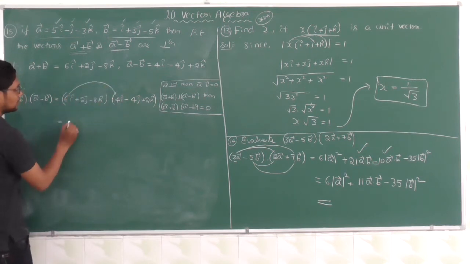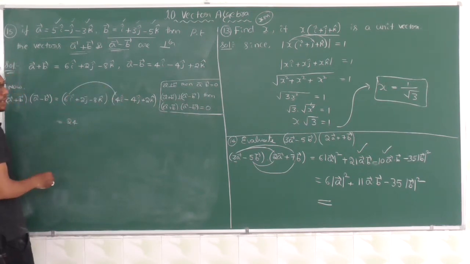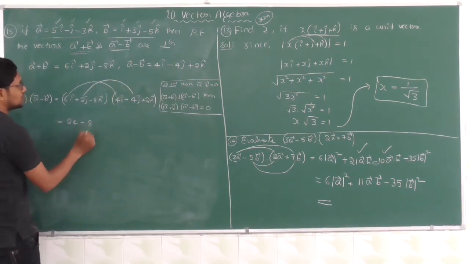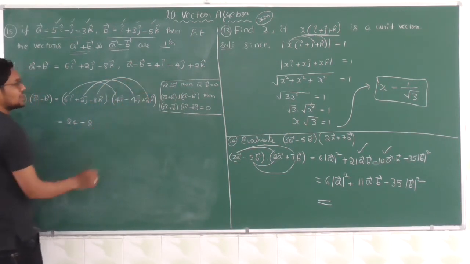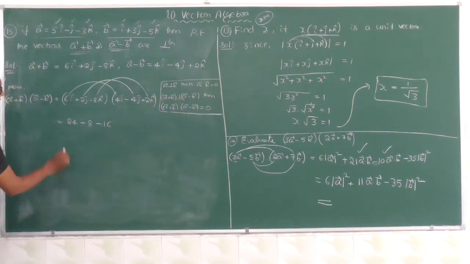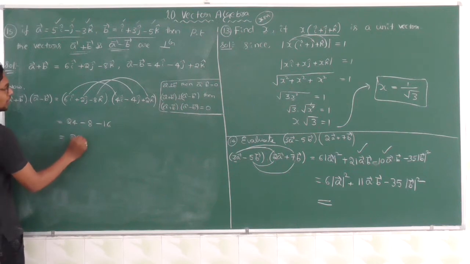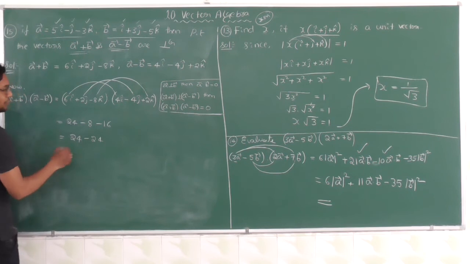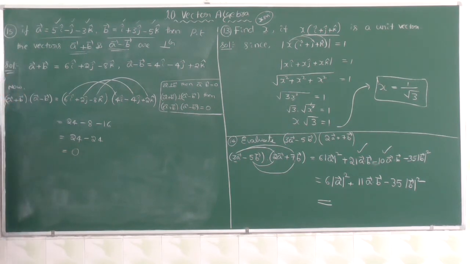6 into 4 is 24. Next, 2 into minus 4 is minus 8. Minus 8 into plus 2 is minus 16. That equals 24 minus 8 minus 16, which is how much? Minus 24. 24 minus 24 is 0. Therefore, the dot product of a plus b and a minus b is 0.